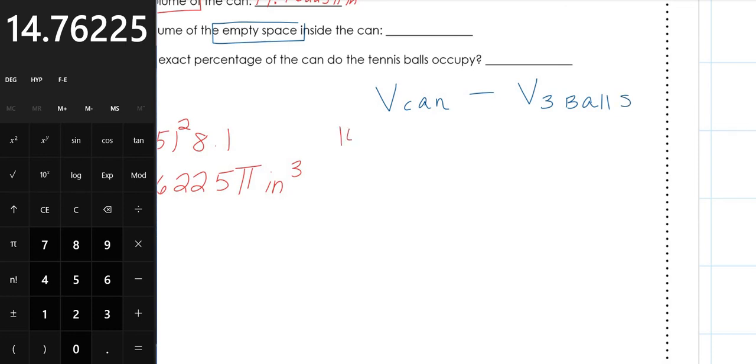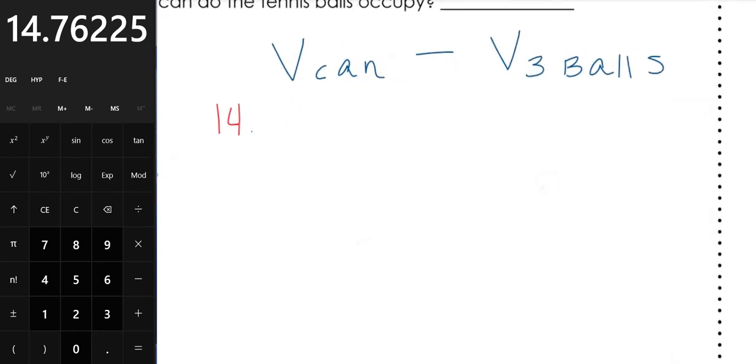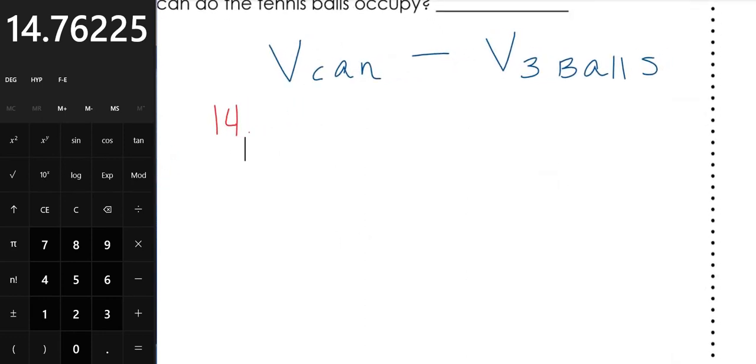That's 14.76225 pi. And you're going to see that it's really helpful that we did not multiply that pi in. Now we have 3 tennis balls. To find the volume of all 3, which are identical, I'm going to do 3, and in parentheses, I'm going to put the volume for 1 tennis ball.